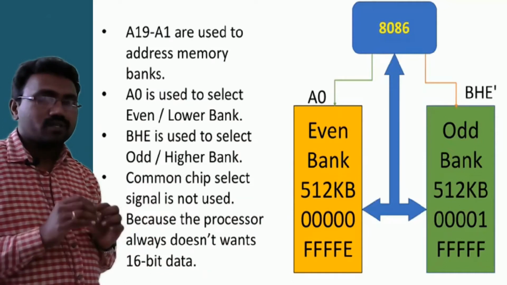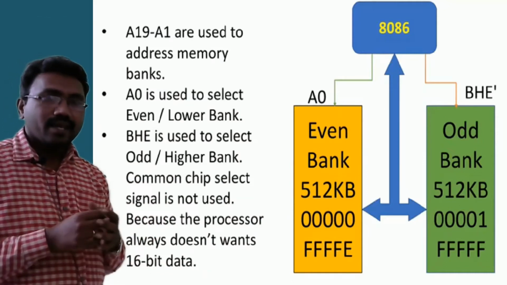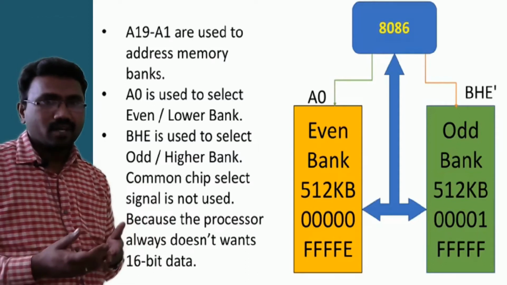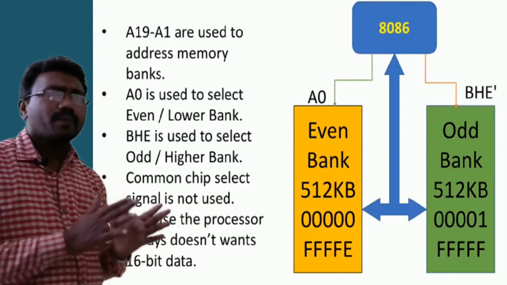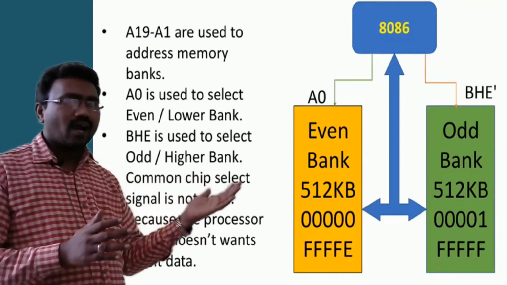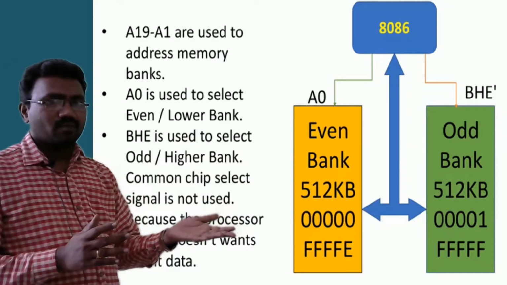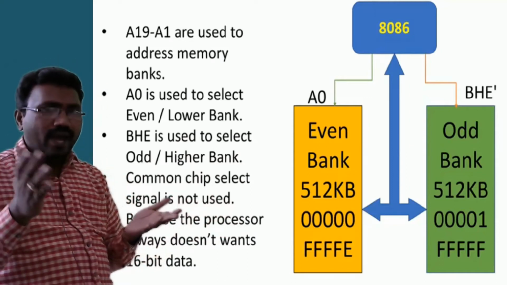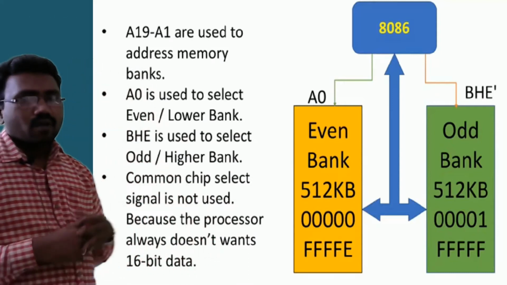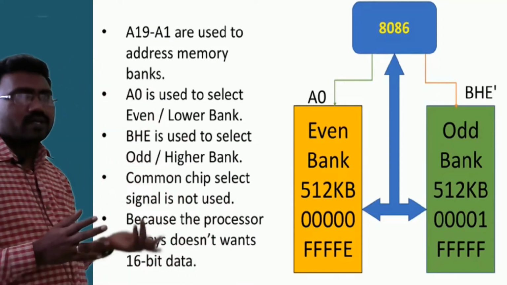Why? Because the processor sometimes handles 8-bit data also. To access 8-bit data from the memory, we need separate chip select signals. It selects either the even bank or the odd bank. Suppose it wants to access 16-bit data, both the banks are selected. What's the point? The processor doesn't always want 16-bit data.